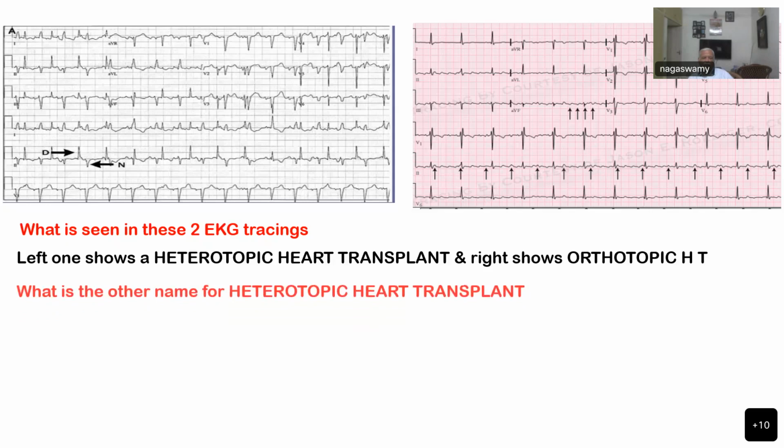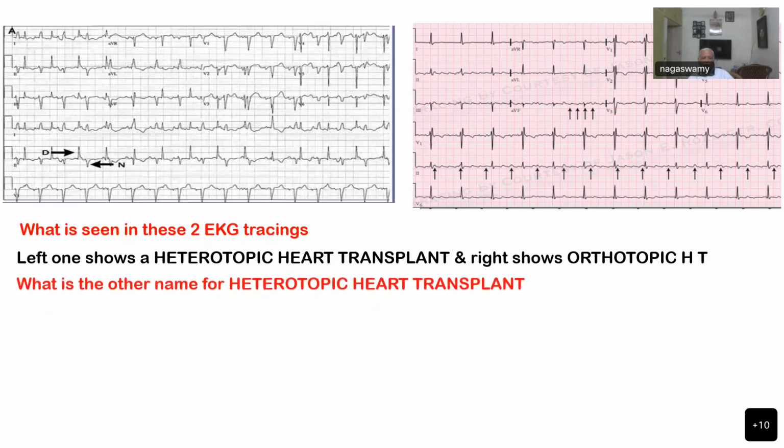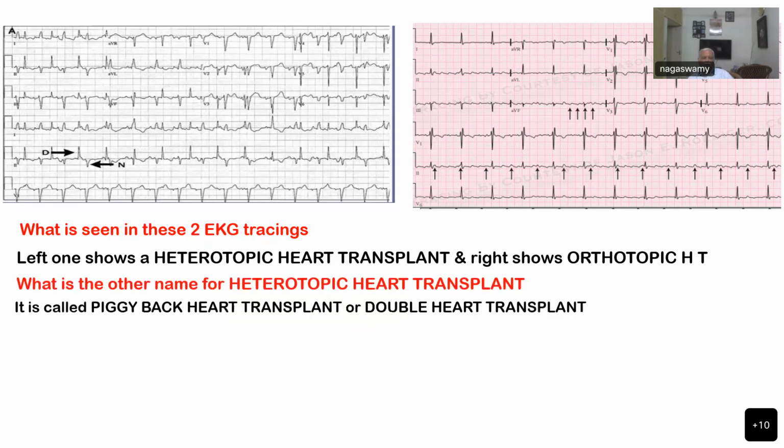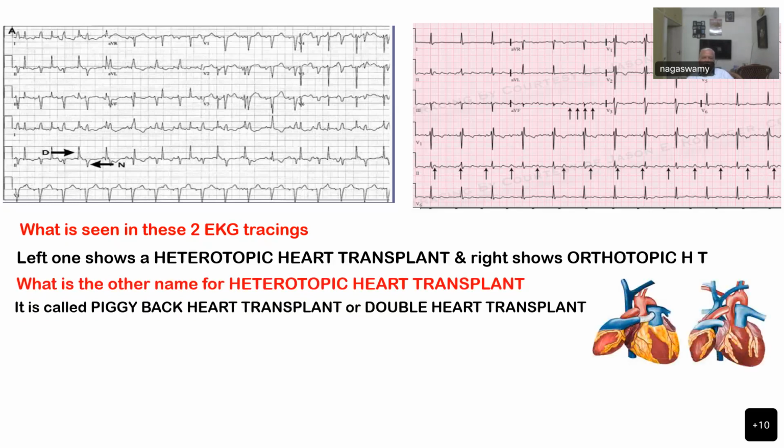So how is it done? What is the other name for this heterotopic heart transplant? It is also called piggyback heart transplant or double heart transplant. So how does it look? This is how it will look. If it is heterotopic, you will have two hearts. The original heart will be there, the new heart will be fixed, and only the vessels will be attached.